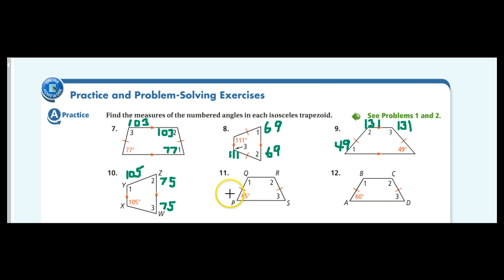Number 11, measure of angle 1 is 115, as is angle 2, and angle 3 is 65. Number 12, angles 1 and 2 are both 120, and angle 3 is 60.